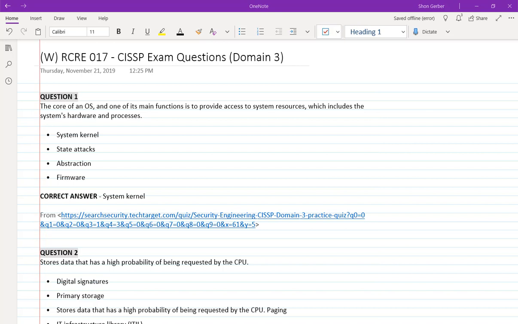A, system kernel. B, state attack. C, abstraction layer. D, firmware. And the answer is A, system kernel. It's part of the OS, and it provides functions to allow access to system resources, which include the hardware and the processes associated with it.